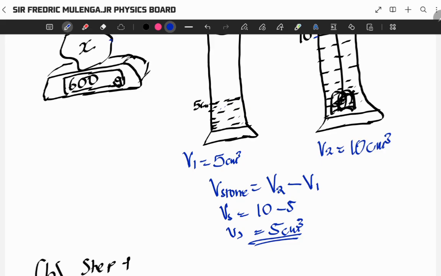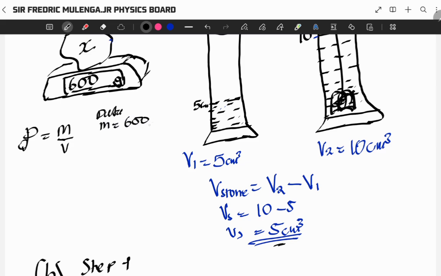Then what do you do? You go ahead and solve what? Density, using the formula. If you want, you can write your formula like this: mass over volume. So volume you've solved, mass has been given to you. I always encourage you to write the data.